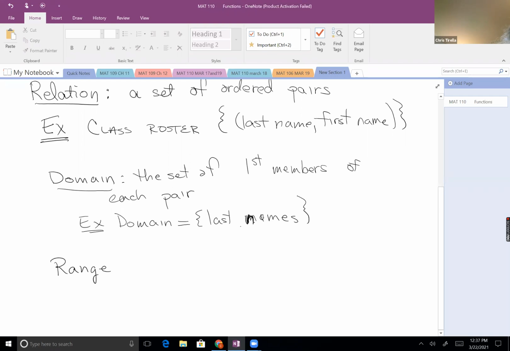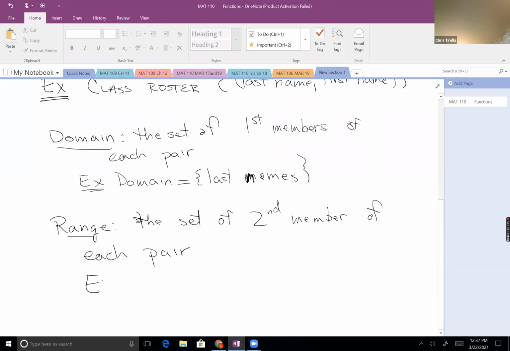That's an N, by the way. And the range would be the set of second members of each pair. So in the example with the class roster, the range would be the set of first names.